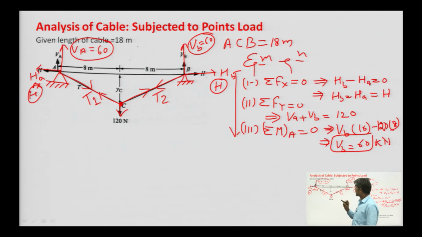The support reaction remaining to be calculated is the horizontal thrust. To calculate this value, we need one additional equation, and that additional equation can be formed with the help of the property of the cable. What is the property of the cable? Cable has no resistance against bending at any point.